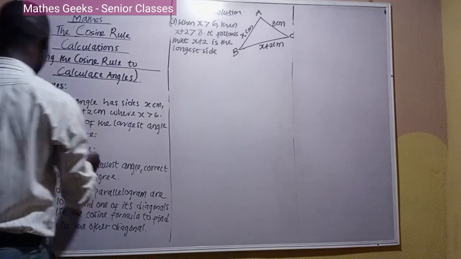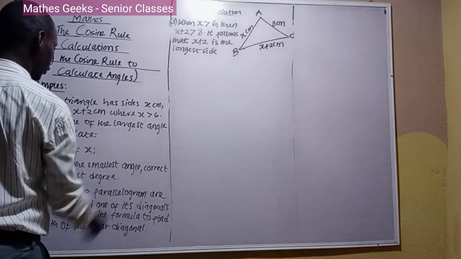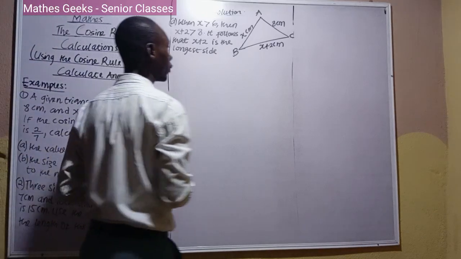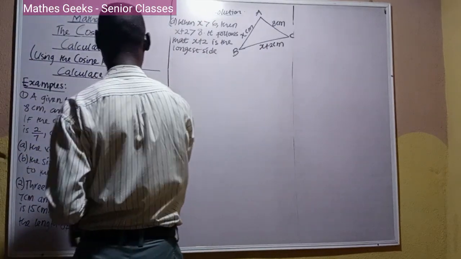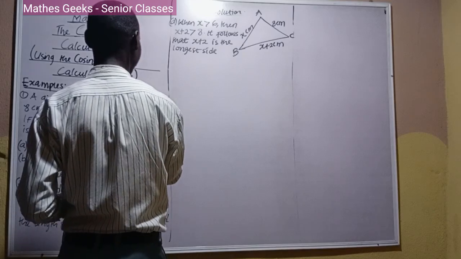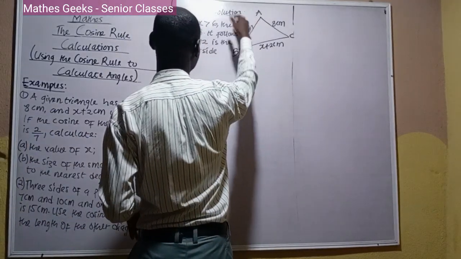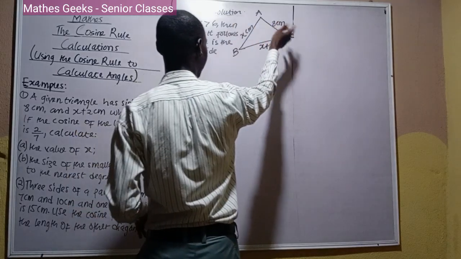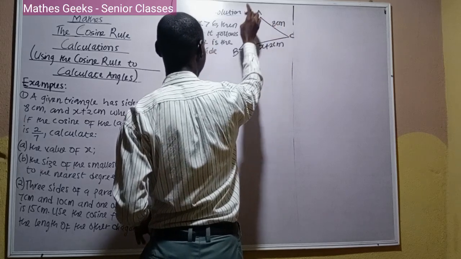Why do we need to come up with this? Because part B says the size of the smallest angle, so we need to determine what the smallest angle is. We don't know the value of x yet, but from the information given, x is greater than 6. A possible number greater than 6 could be 7, 8, 9. If it's 7, we already have 8 here, so 8 is larger than 7.